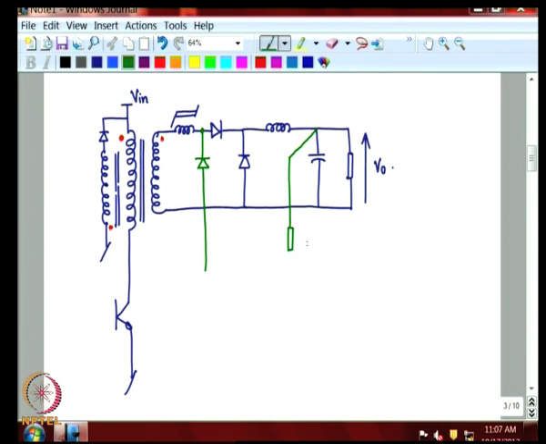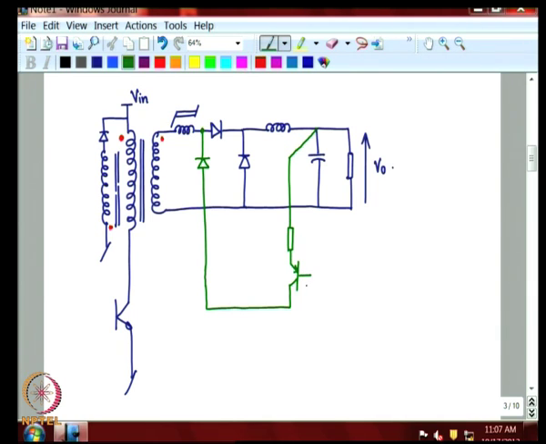A resistor, and let us say you have a PNP transistor, which acts as a switch, not a switch, a linear resistance.